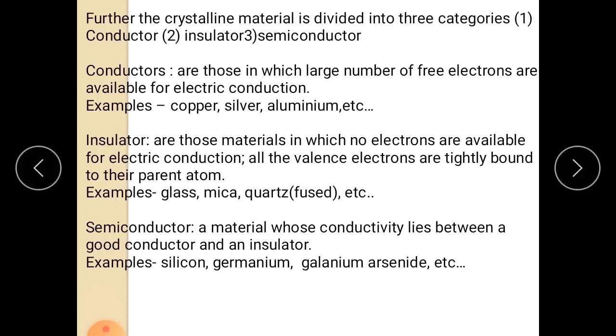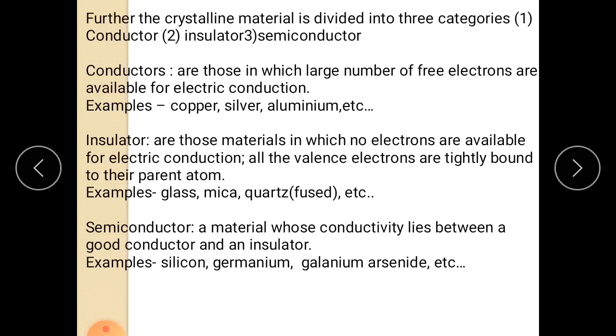Means all the valence electrons are tightly bound to their parent atom. Since all the valence electrons are tightly bound to their parent atom, there are no free electrons which move in that insulating material.